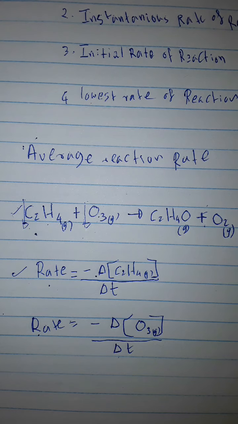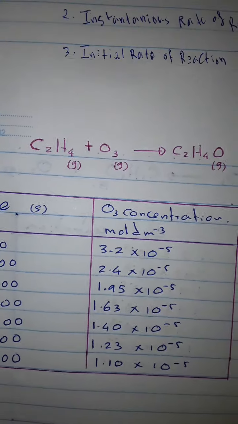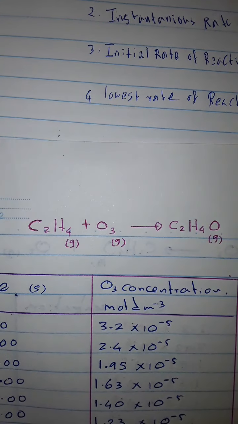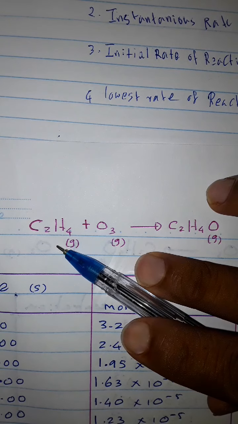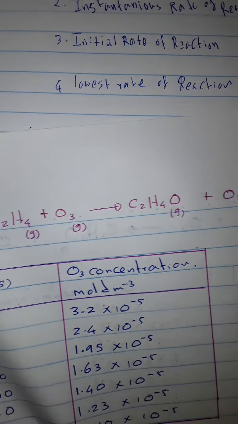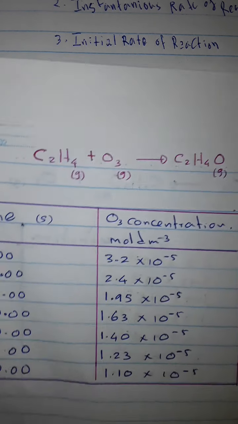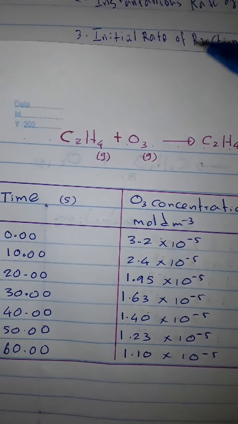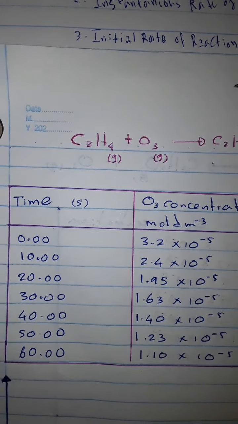Now we will consider a table like this. You can see here a table. First we have to know we are going to discuss this reaction, that is C2H4 reacts with ozone and makes this and oxygen. Now we will consider what happens to the ozone concentration with the time.